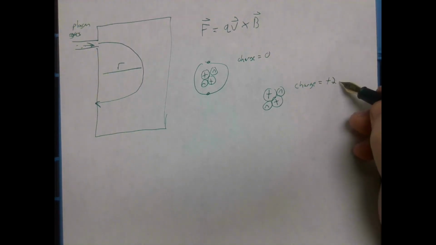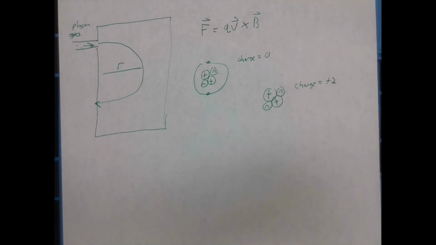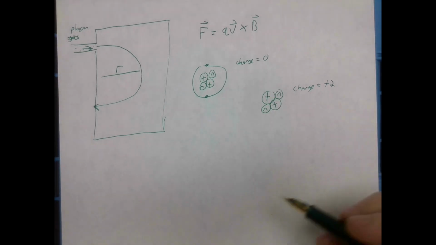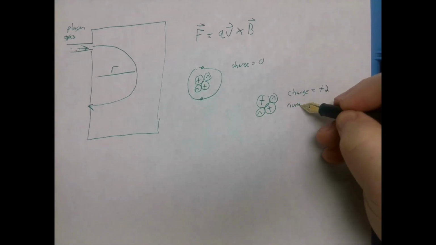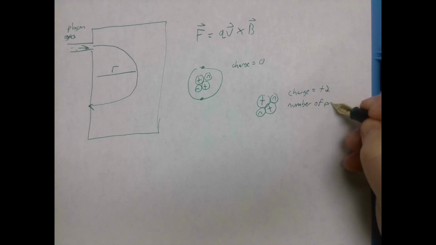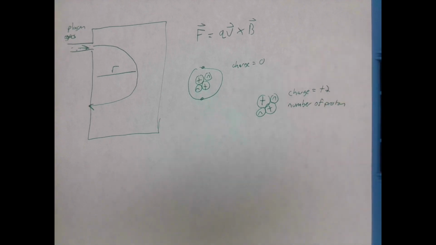It's technically plus 2e, but we never include the e because we know e is 1.6 times 10 to the negative 19 coulombs. So what is the charge equal to? It's equal to the number of protons. What is the number of protons, the atomic number? It determines what element it is, right?